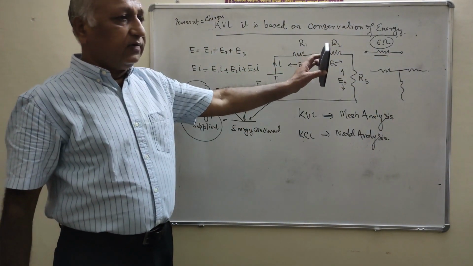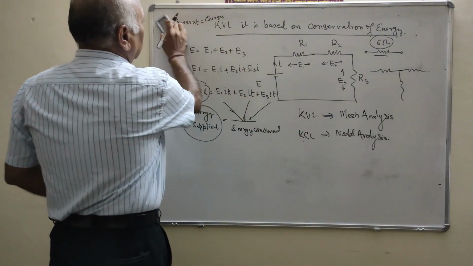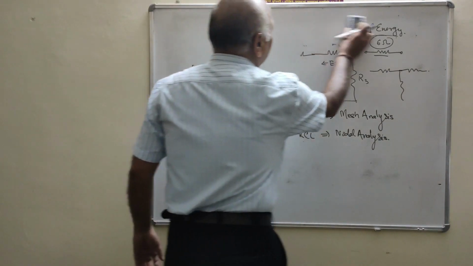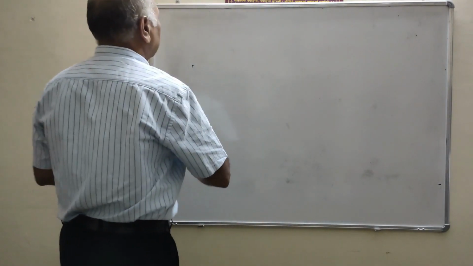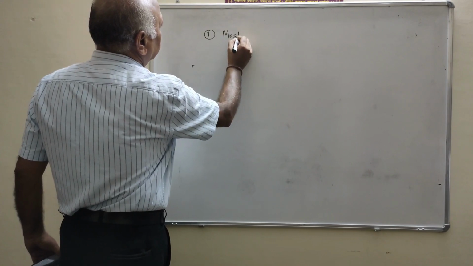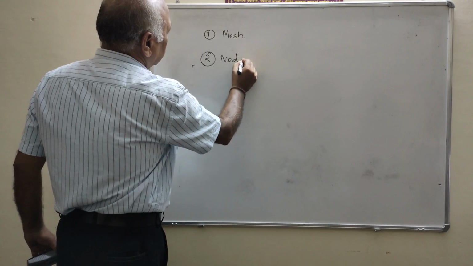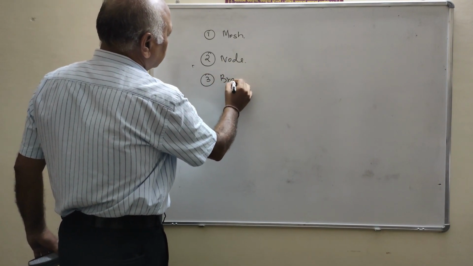Now we will discuss the mesh analysis and nodal analysis. There will be 3 terms. First is the mesh, second is the node, and the third is the branch.